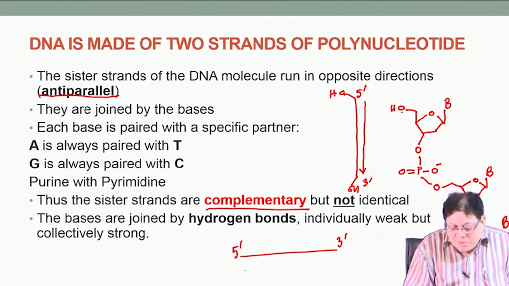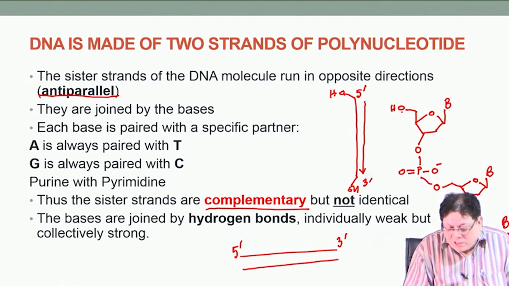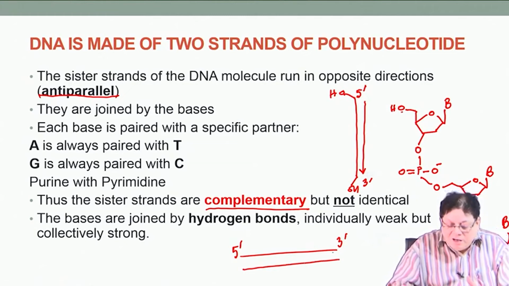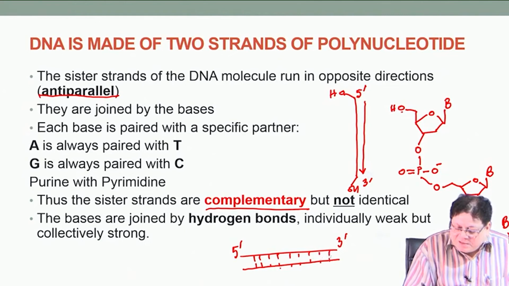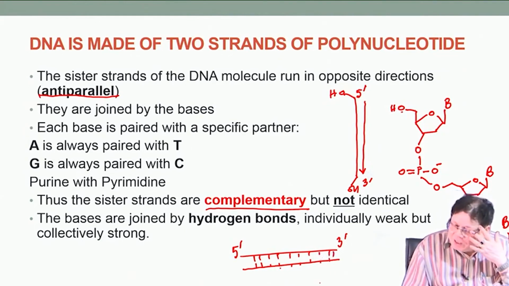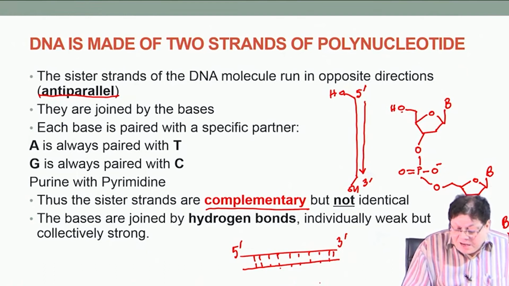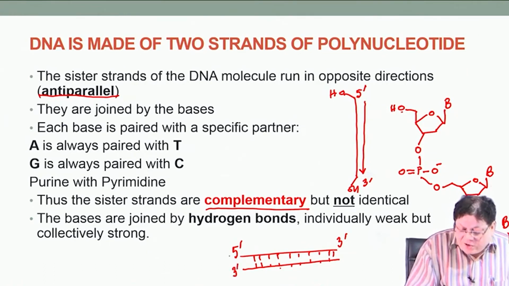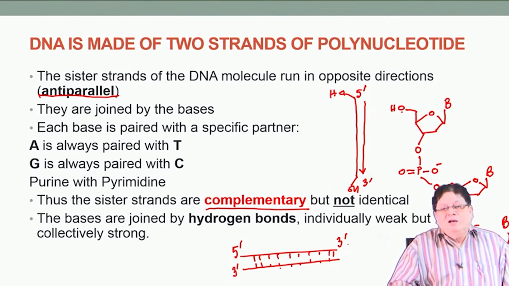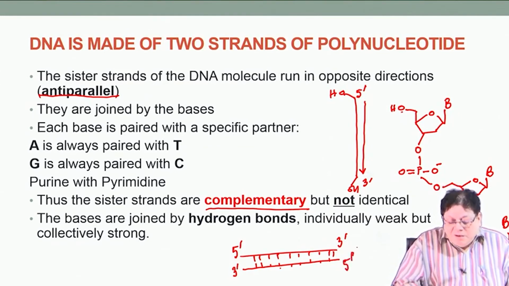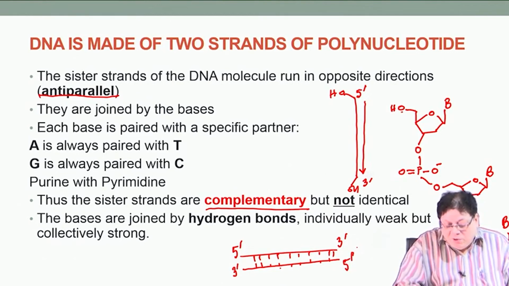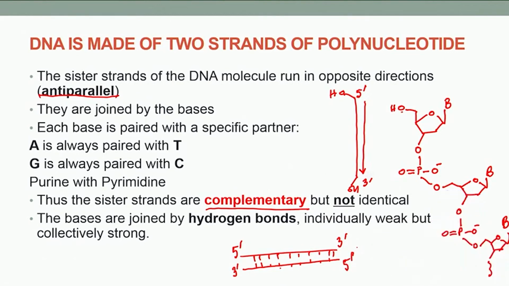Okay. Now, basically there are 2 strands. Whenever I talk about a double helix DNA, there are 2 strands and there will be hydrogen bonds in between. Okay. Different bases, complementary bases are there and there are hydrogen bonds between. What is antiparallel? Antiparallel is that one strand runs from 5 prime to 3 prime in one direction and the other strand runs the opposite way; if you follow from left to right, this is 5 prime to 3 prime, this is 3 prime to 5 prime.